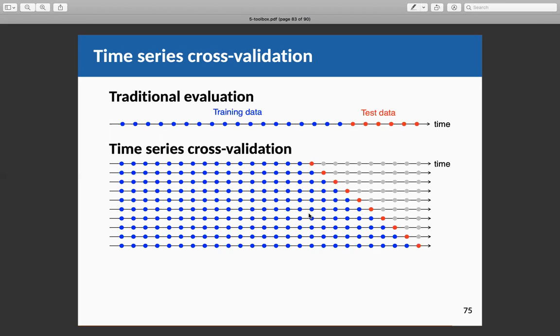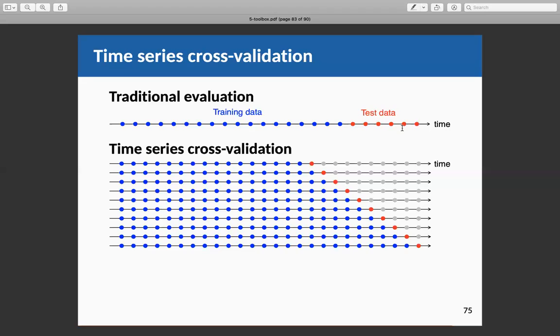So in time series cross-validation, we start by dividing our data in two parts, test and training. But this time, the size of my test is quite high. In general, as a rule of thumb, I put 70% of my data in train and 30% of my data in test.